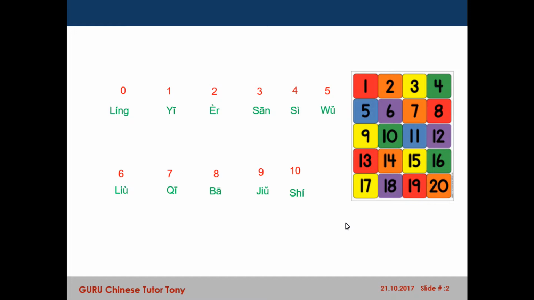You're going to use numbers to tell people the time, to negotiate the price, to tell the date, and anything. So try to memorize 0 to 10. All right, next page.